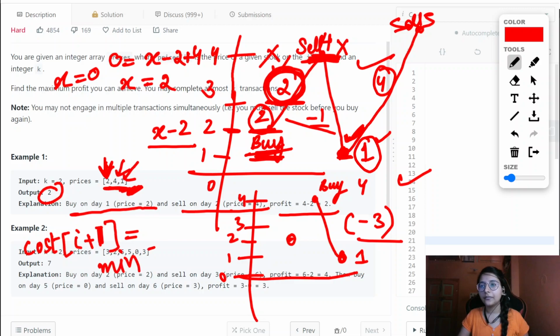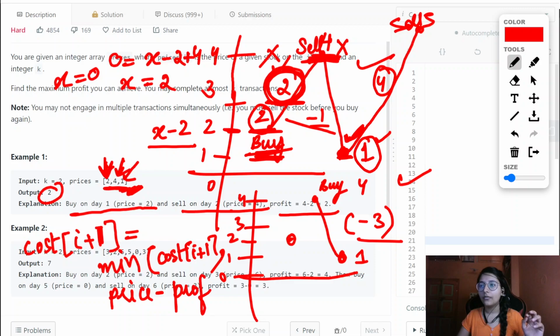So we will check if the present one is the minimum which we are having, or the next thing would be the present price which we are having, starting from this 4 only. We check the price minus the profit of the previous one, you can better say the profit which we earned by buying the stock at the previous transaction.